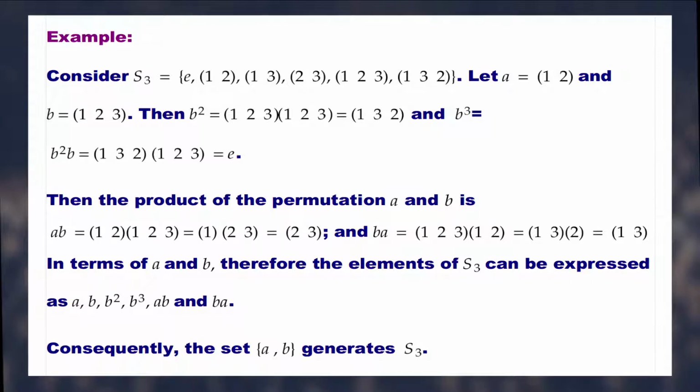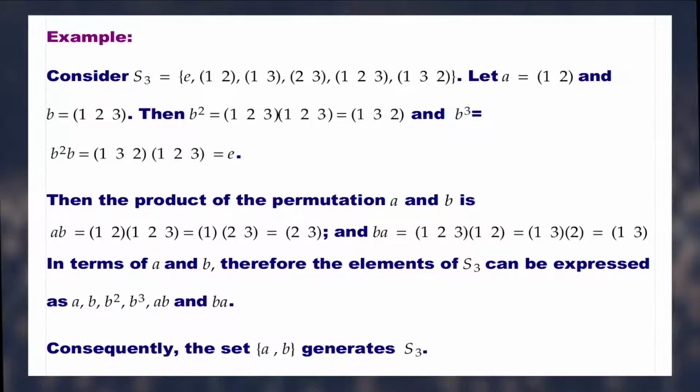In a similar way we can find b cubed, where b cubed can be written as b squared times b. We already know that b is equal to (1 2 3) and b squared is equal to (1 3 2).